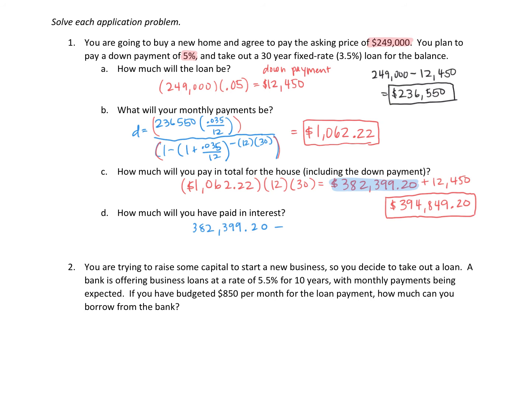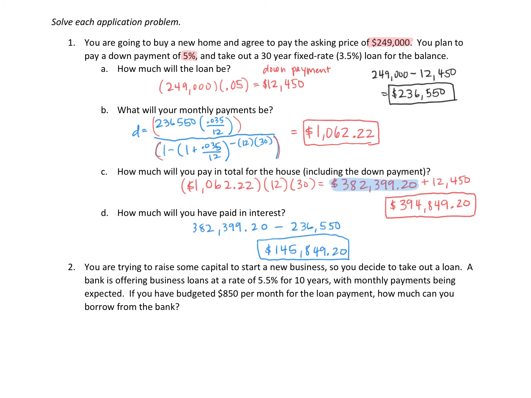So the original loan amount, not the value of the house, because remember you put a down payment, was $236,550. Okay, so when you do that subtraction, $382,399.20 minus $236,550, you get $145,849.20. So that's the amount that you pay in interest.